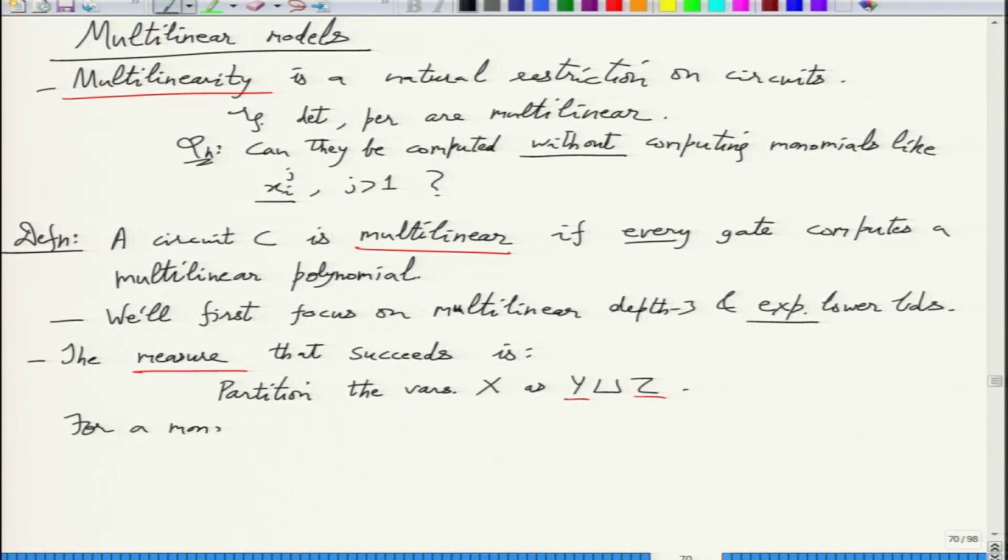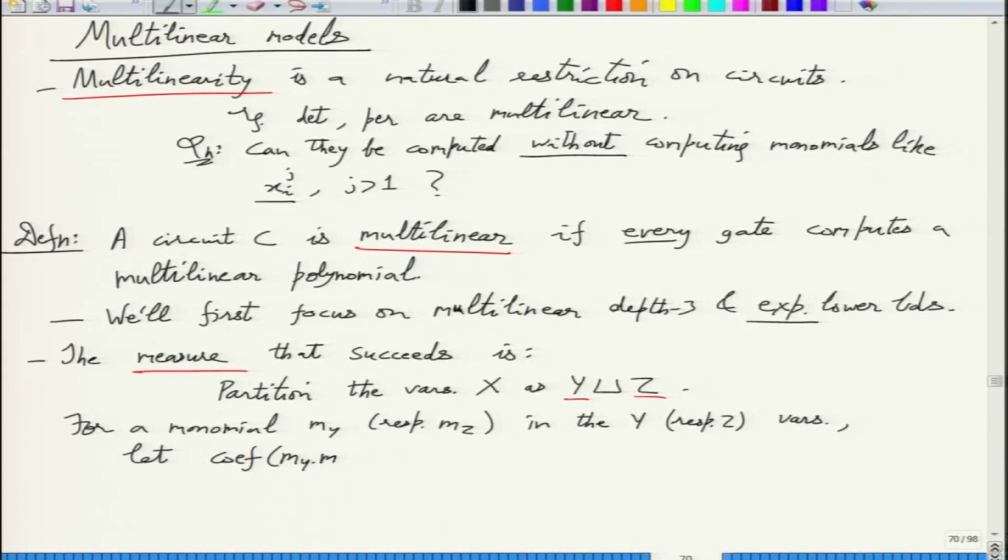so for a monomial m_y or respectively m_z in the y variables respectively z, let coefficient of m_y times m_z in a polynomial f, f has variable set x.